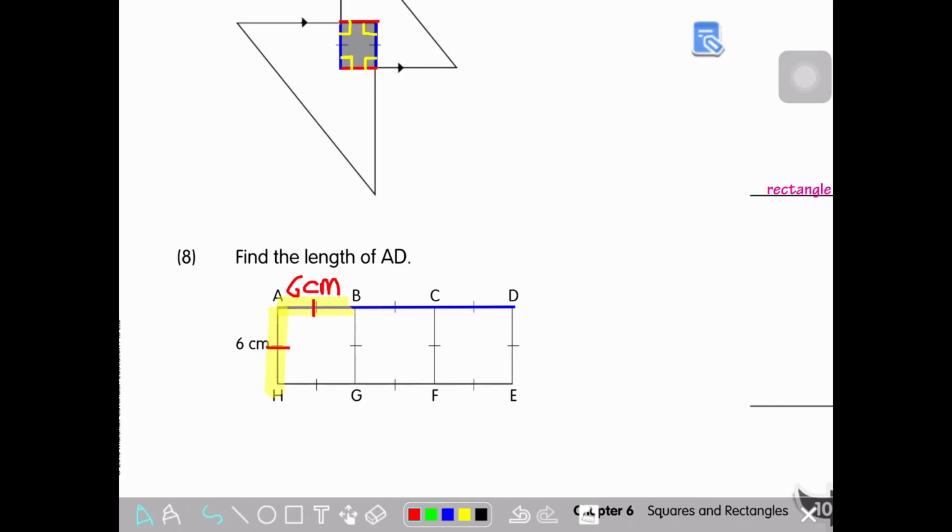Because it is equal. And BC is also 6 cm. This line is also 6 cm. And CD is also 6 cm.